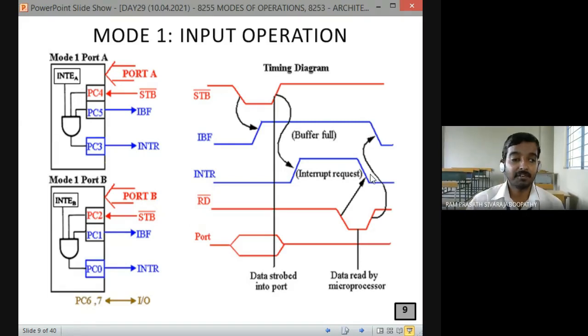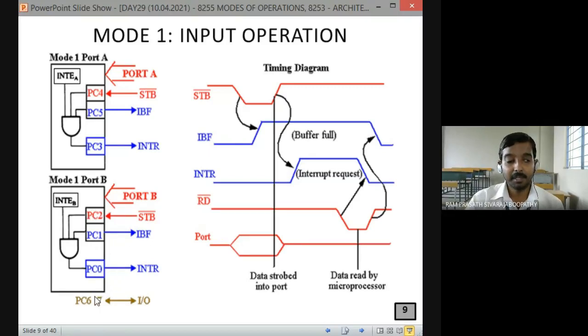Similarly for port B, we are having three signals, STB bar, IBF, INTA. நல்லா கவனிச்சிங்கன்னா தெரியும், port A க்கு PC4, PC5, PC3 இந்த மூணு pins handshaking-காக யூஸ் ஆகுது. port B க்கு PC2, PC1, PC0 இந்த மூணு pin handshaking-காக யூஸ் ஆகுது.